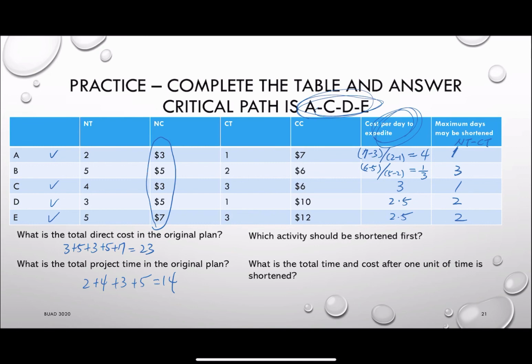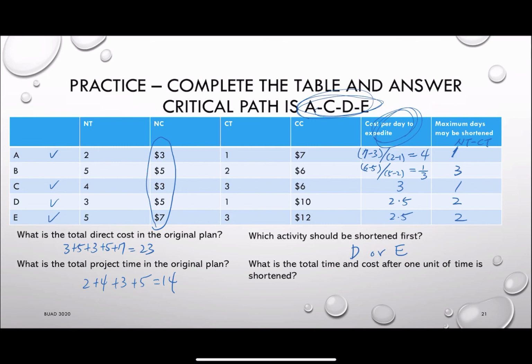That means if we want to reduce the duration of the project, we can either work on activity D, because that costs only $2.5, or activity E, that will be $2.5 as well. So activity D or E can be chosen.